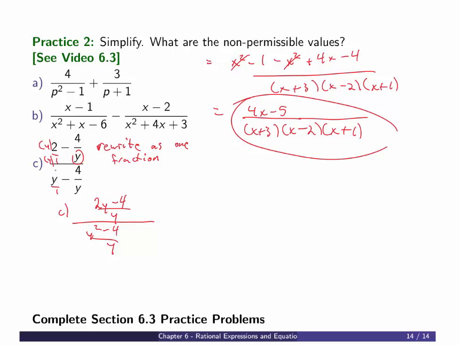Similarly over here, we are doing the same thing, multiplying top and bottom by y to give you y squared over y. Okay, so from there, I'm actually going to rewrite this as 2y minus 4 divided by, so I'm actually doing nothing, I'm just changing the notation. That was nothing at all.